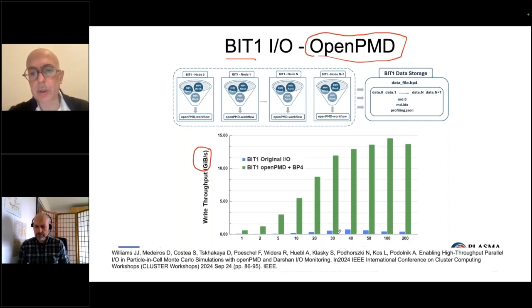And there are two columns. The blue ones are the original I/O in bit1, and these are the results of using OpenPMD in bit1. So you see that we are going from roughly 1 to 10 or so.